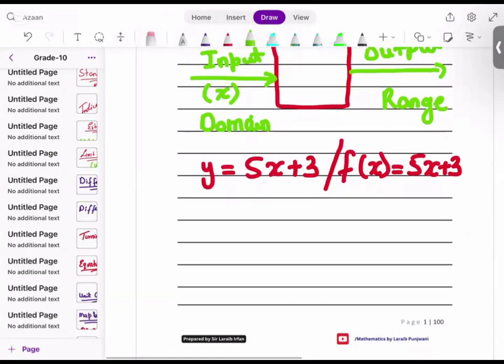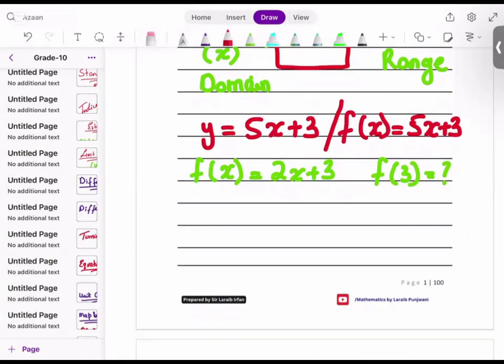Okay. So for example, the function they have given is f(x) is equal to 2x plus 3, and they want to find out f(3), the value of this. So you can see that this is x. This means that I have to put the value of 3 replacing x.